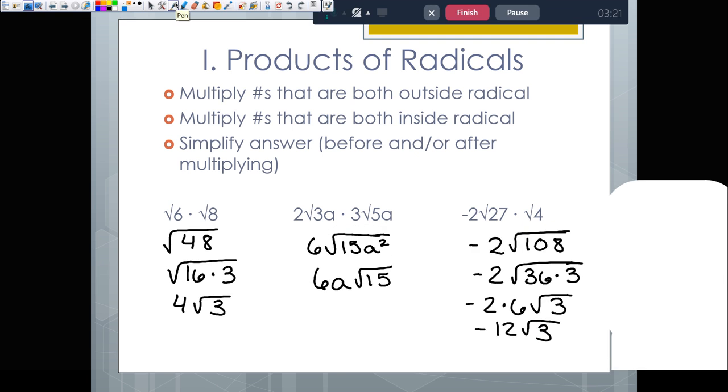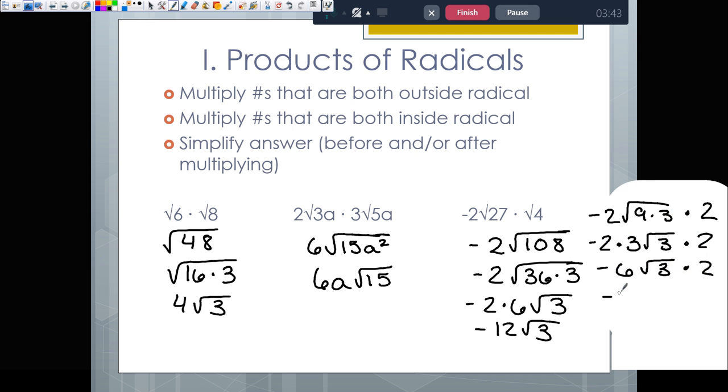I could have done negative 2, then 27 breaks apart into 9 and 3. And then this would have been times 2 because the square root of 4 is 2. So 9 would have come out. This would have been 2 times 3, square root 3 times 2. Negative 6 square root 3 times 2, which would be negative 12 square root 3. So that's the other way you could have done it.